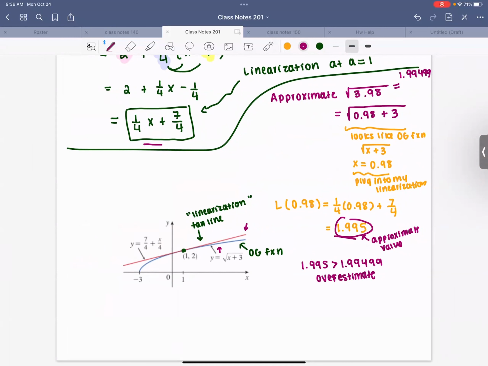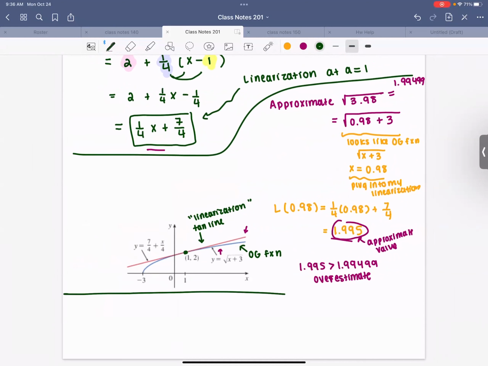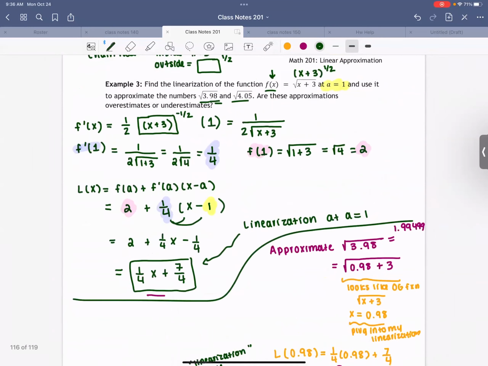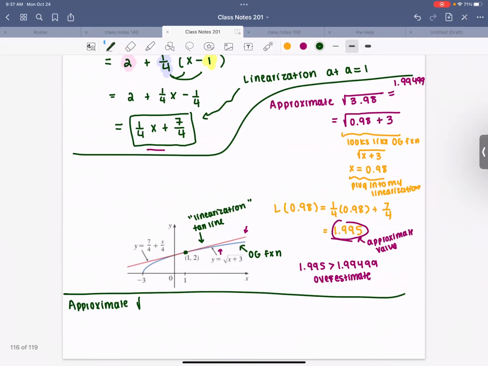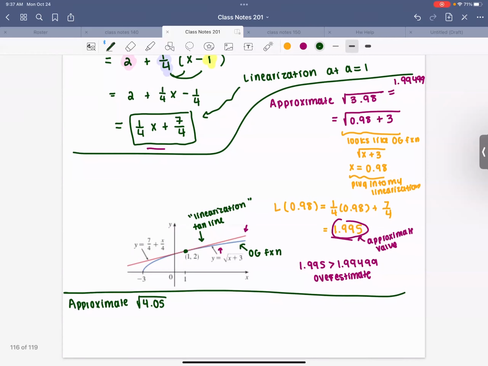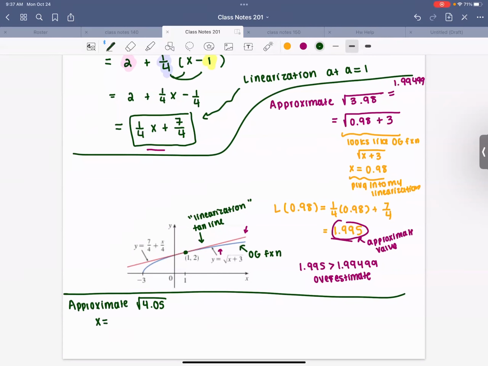Okay, let's just answer the last question here. We want to approximate a different value here. So part 3 is to approximate not the square root of 3.98, but the square root of 4.05. Okay. What am I plugging in for x here? 0.5 or 0.05.